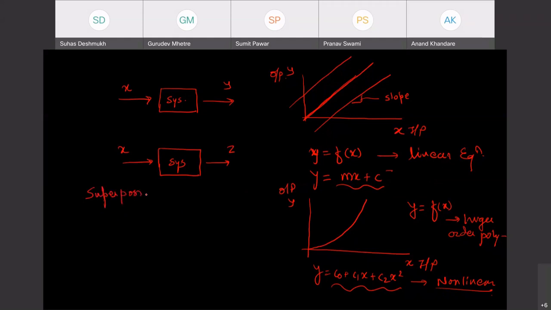In superposition, if I put in my linear system x1 as an input, I get y1 as an output, and x2 as an input gives y2 as an output. Now if I give x1 plus x2 as an input to my system and I get an output y1 plus y2, then I can say it is a linear relation.